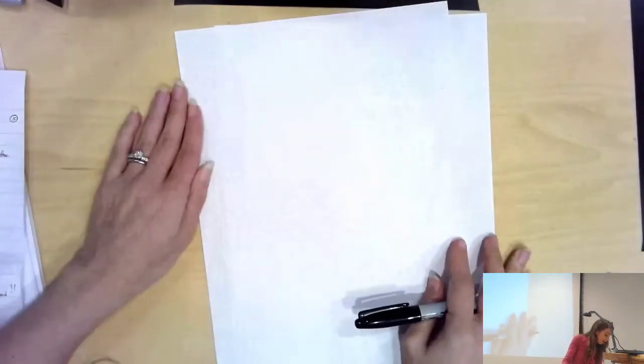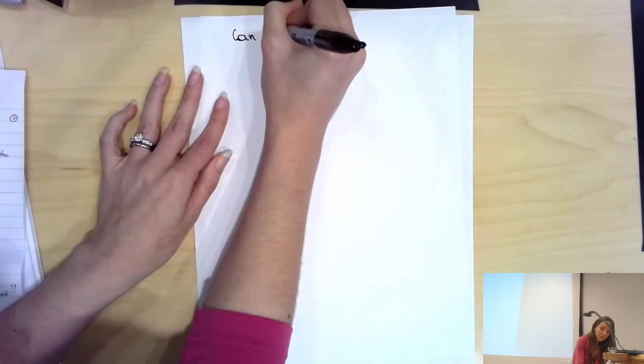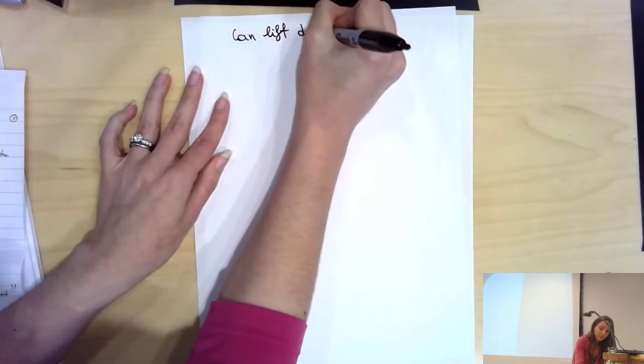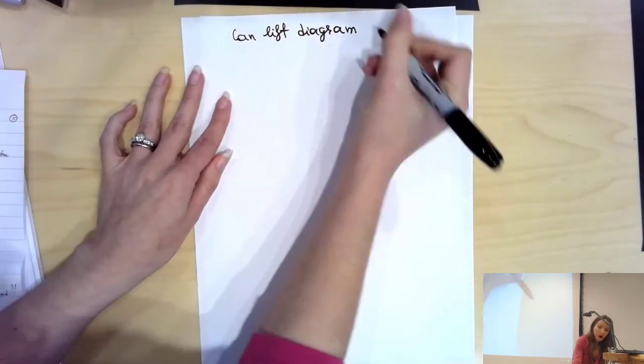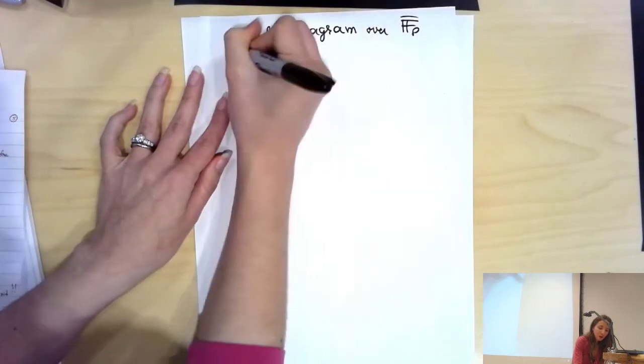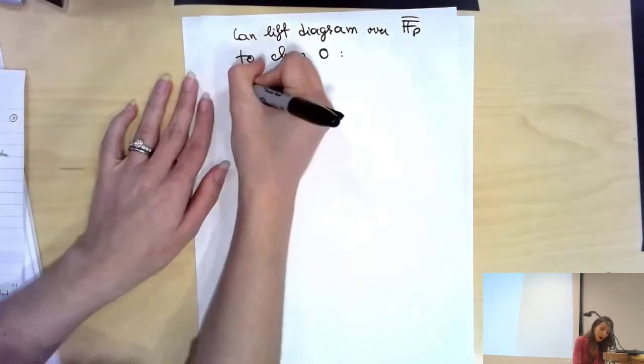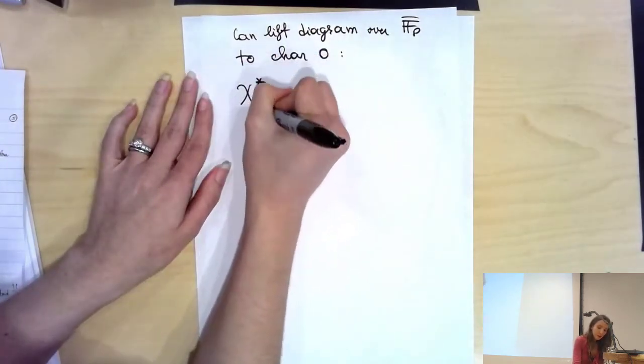Right. Okay, so we can lift our diagram over F_p bar now to characteristic 0. So we have X star gamma 0.